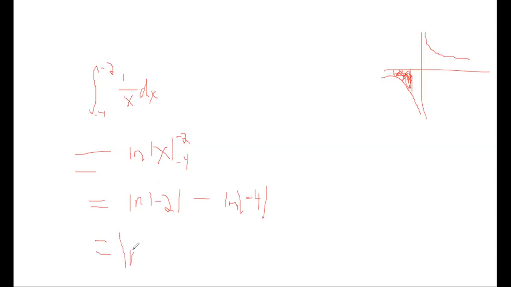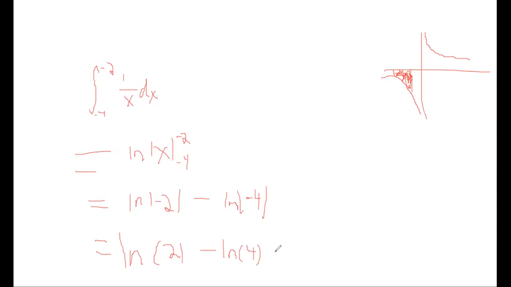The absolute value of -2 is just 2, and similarly the absolute value of -4 is just 4. So we end up getting ln 2 minus ln 4. ln 4 is larger than ln 2, so this is negative.